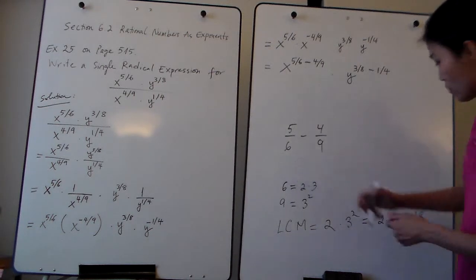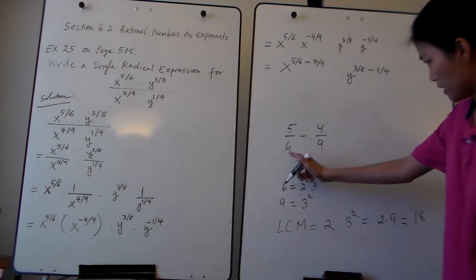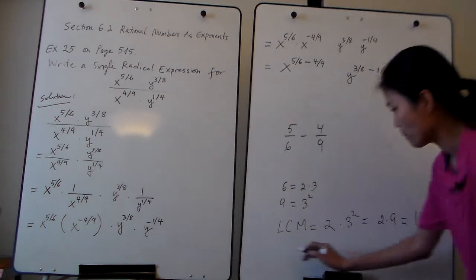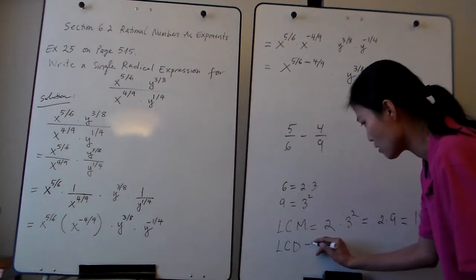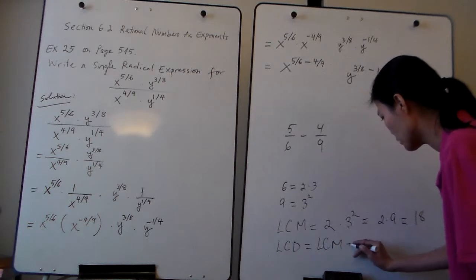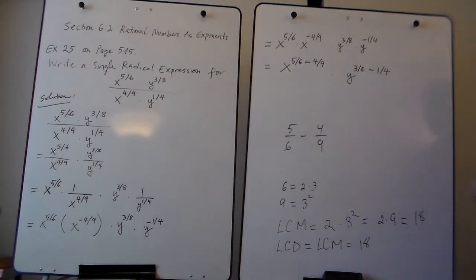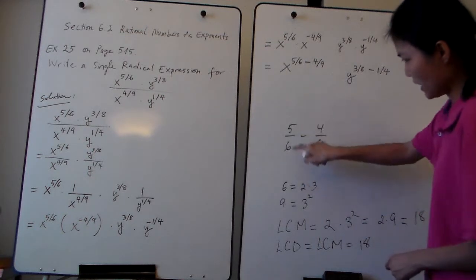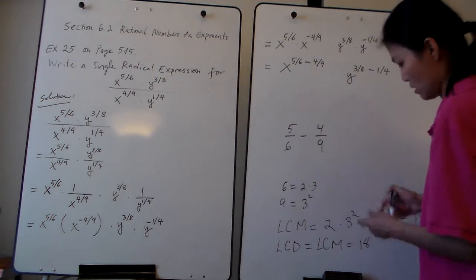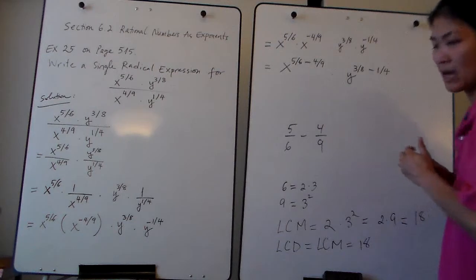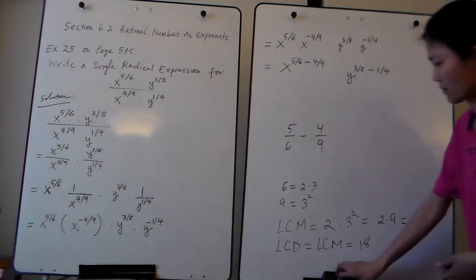So I'm going to convert this 6 and 9 to 18, okay? Because LCD is equal to LCM, which here is 18. So I'll convert each fraction to the same denominator, LCD 18.